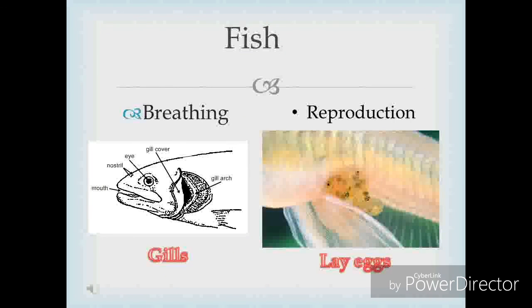Taking into account fish have to take the oxygen from the water, they have a different structure. They use something that is called gills to breathe. On the other hand, their reproduction is through laying eggs, but the difference with birds is that these eggs are soft.